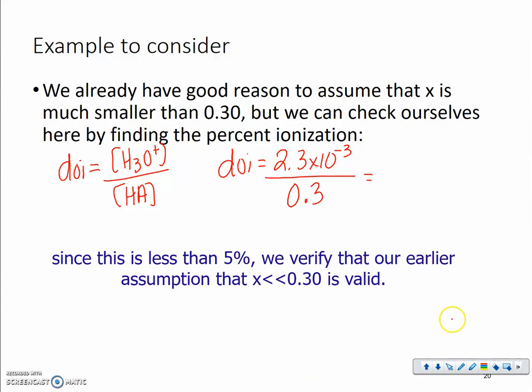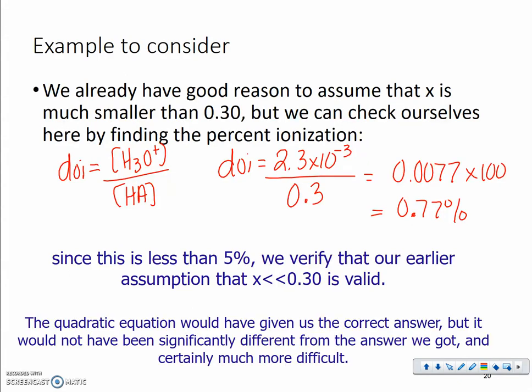When we do that, we get 0.0077. Multiply that by 100 to make it a percent. So yes, it ends up being less than 5%, and that is another way to verify that we can make that assumption of ignoring that minus x.